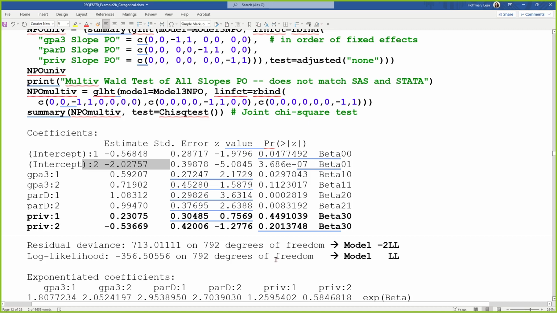So based on this ordering that it came up with, then I could write these GLHT statements to get the differences between the slopes. So you'll note the -1, 1 combo. That one is for GPA. And then the next two down, -1, 1. This one's for parent. And then the last two is for private.